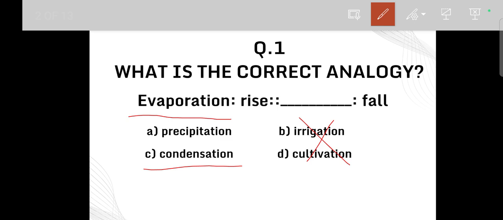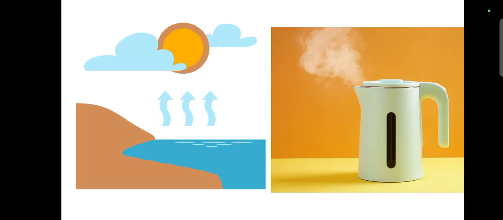So the correct answer is condensation, because, see, evaporation means when the temperature rises, water evaporates in the form of water vapor and it rises. Whereas condensation means the vapor in the atmosphere becomes cool and falls down.